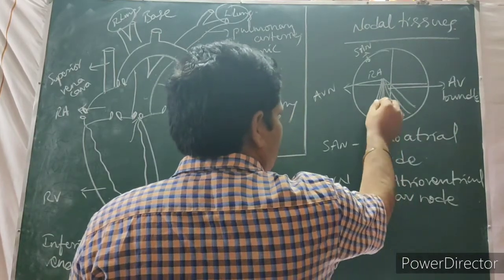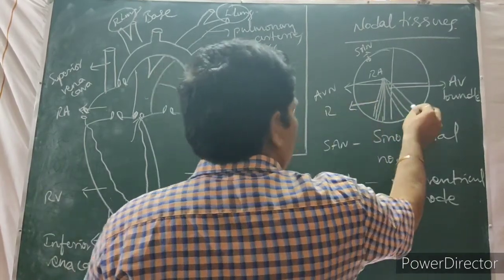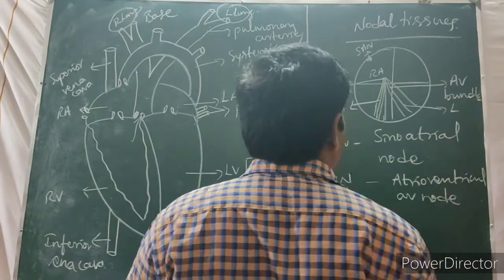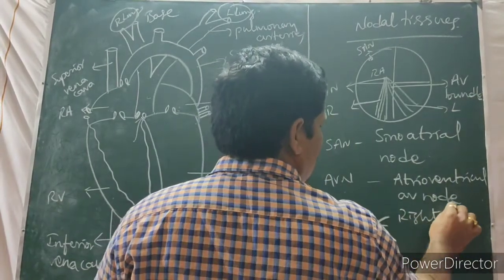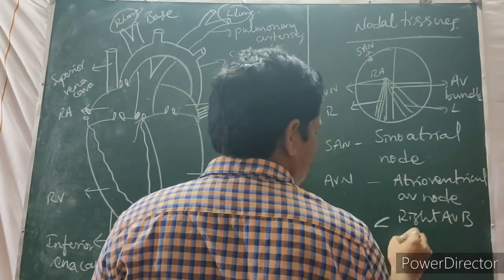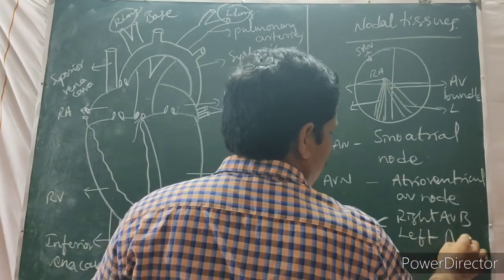This is the right AV bundle and this is the left AV bundle. So it divides into the right AV bundle and the left AV bundle.